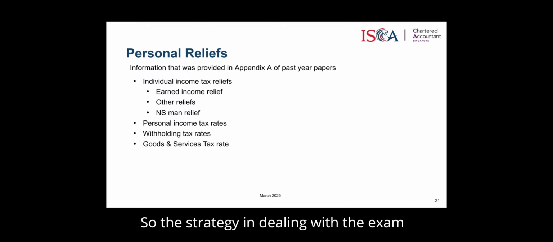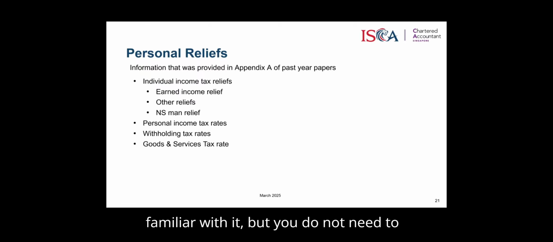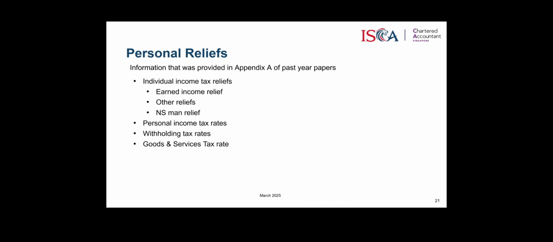So the strategy in dealing with the exam is to ensure that for the information that's provided in Appendix A, you are familiar with it, but you do not need to memorize it by heart. You should spend more time remembering and memorizing information that's outside of the appendix, such as the application of such a relief, the conditions, etc. That will be more critical in the exam.